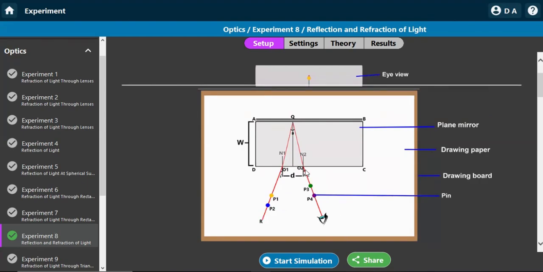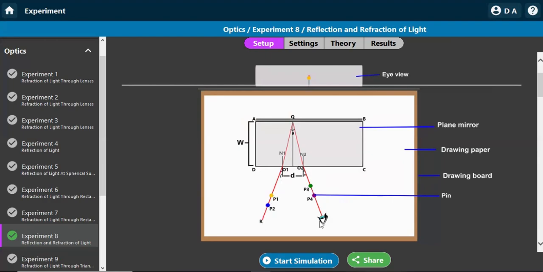Once you look through it, the goal is to get a pin positioned in such a way that the pin is directly above any of these 2 pins. By the time you get the right alignment, these 2 should be covering themselves.